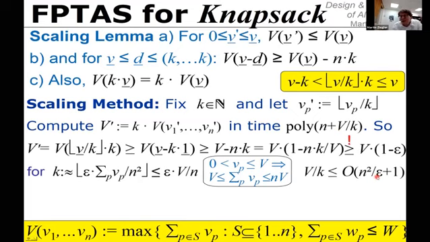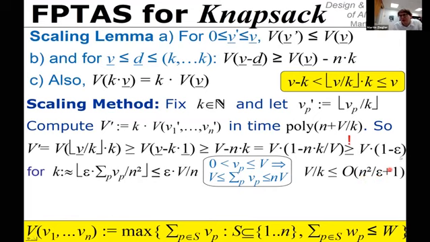So that means that the smaller epsilon gets, the better approximation ratio we get, the closer we want the approximation to be to 1, the larger the running time, right? So if epsilon is, let's say, 1%, if we want an approximation up to 99%, then the running time is now 100 n squared.